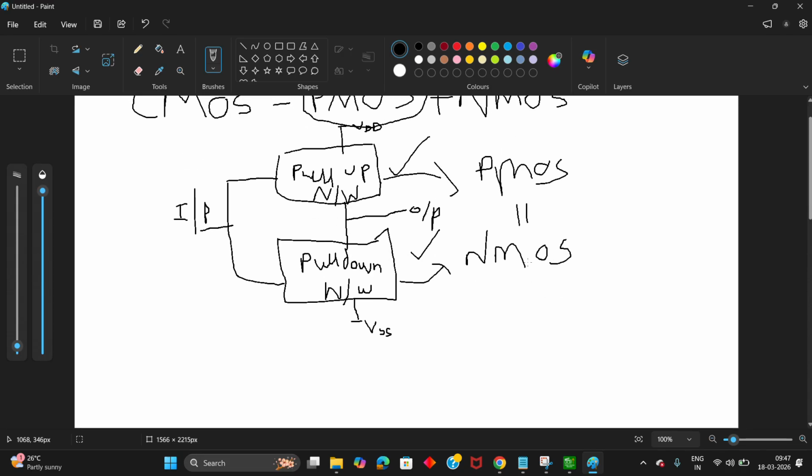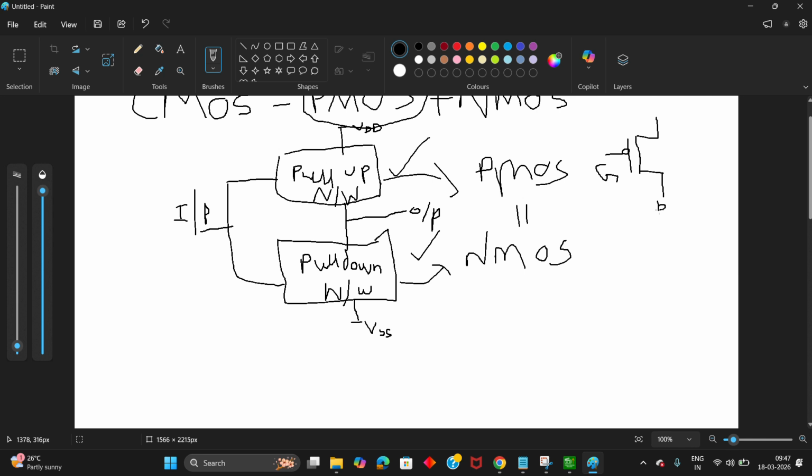So how does this PMOS look? The PMOS looks like this. There is a bubble at the gate terminal, and there are two other terminals, source and drain. This is the gate terminal, this is, for example, the drain terminal, and this is the source terminal.